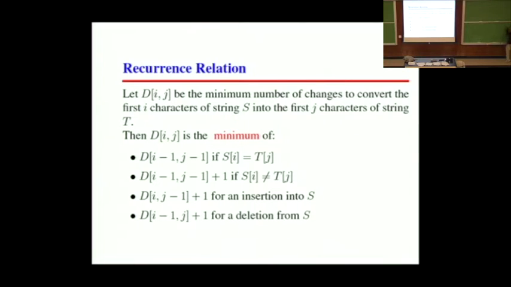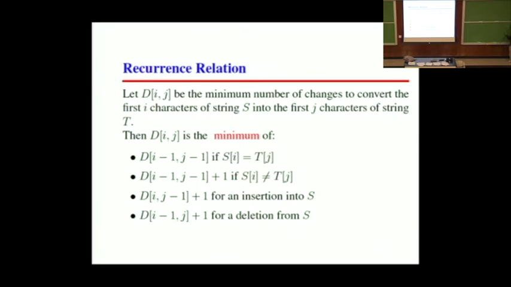I could take the last character from each string and see whether they're the same. Does everybody agree? If they're different, I have to substitute one for another. If they are the same, I could say, look, it's a match. I don't have to pay for that. Does everybody see that?